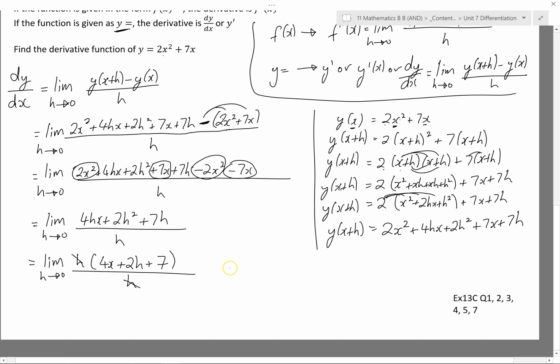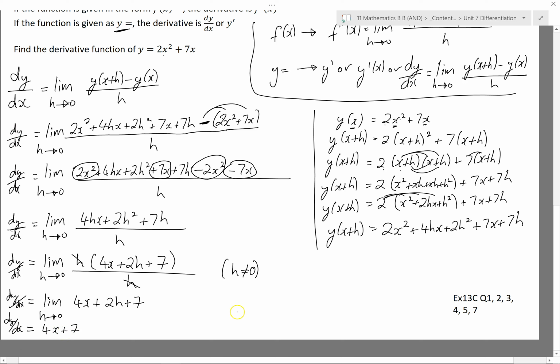Cancel, cancel, as long as h isn't 0. And I'm left with the limit as h approaches 0 of 4x plus 2h plus 7. I can substitute h equals 0 in here, and I'll be left with 4x plus 7.